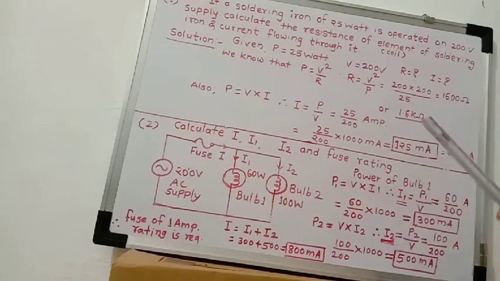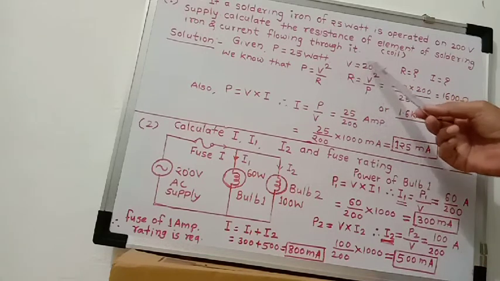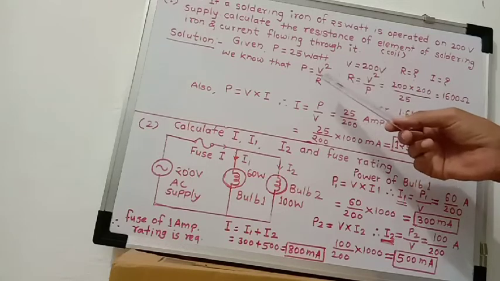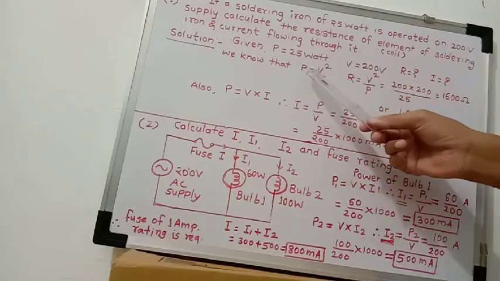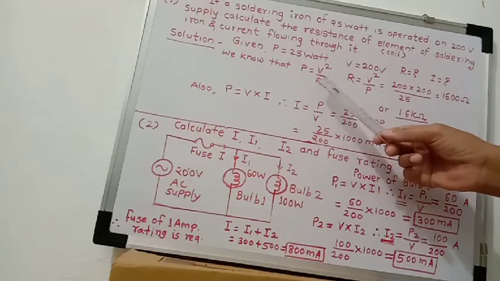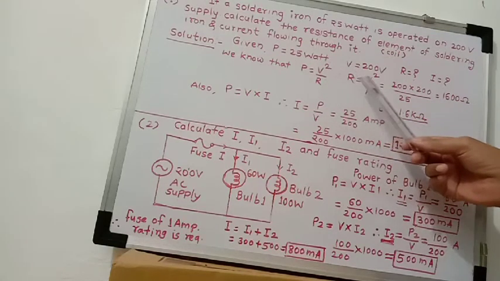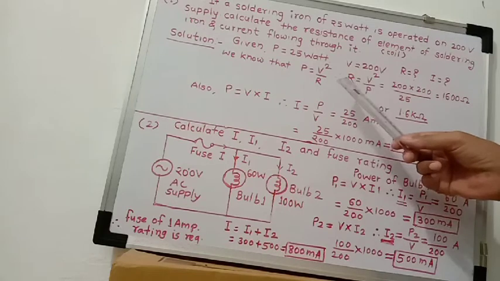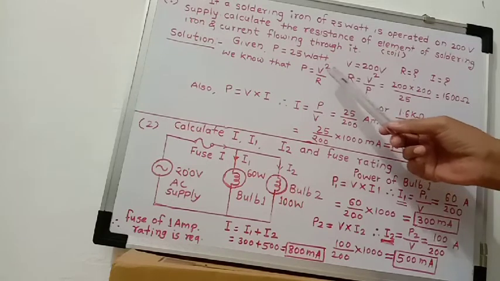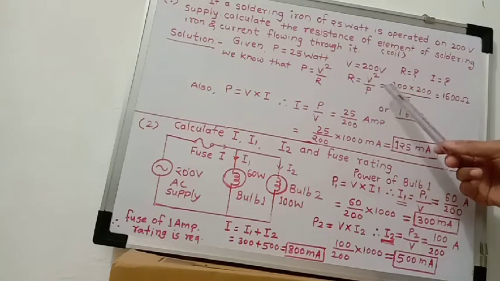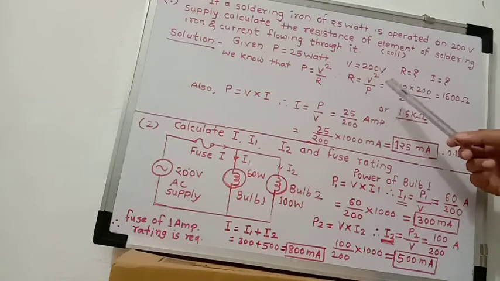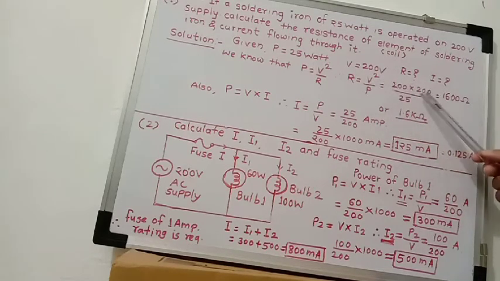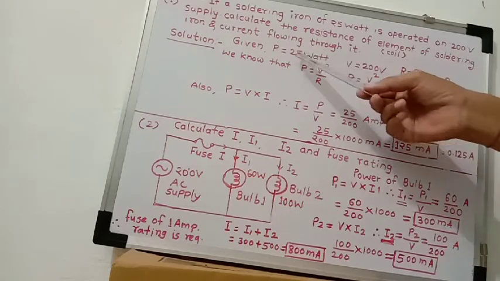V is 200 volts. From this equation, R is equal to V square upon P, and V is 200 volts, so 200 into 200 divided by 25.